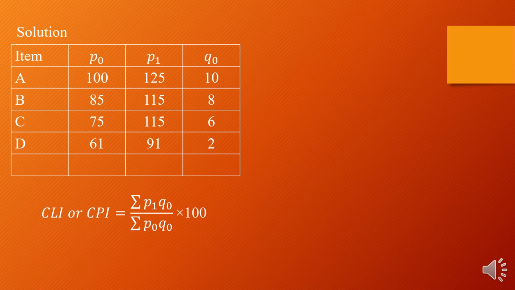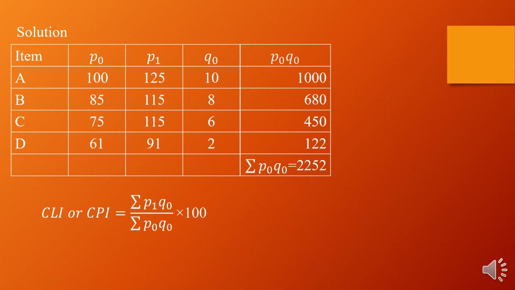Now this is the formula to find the consumer price index number, which is of course last year's formula. For this we need P1 Q0 and P0 Q0. Let us calculate them. The first one is P0 Q0, and the answers we get are 2000 and so on, and the sum is 2252.